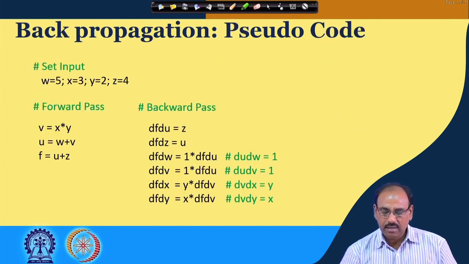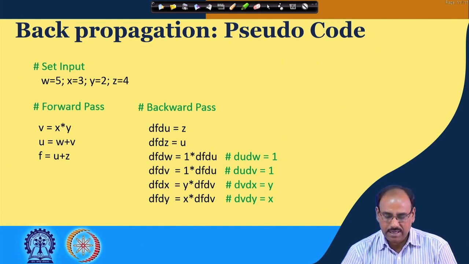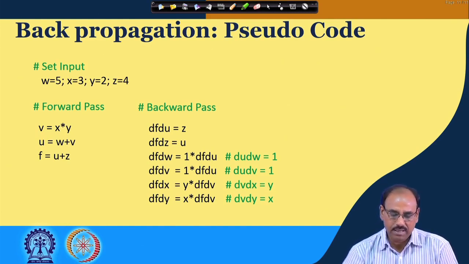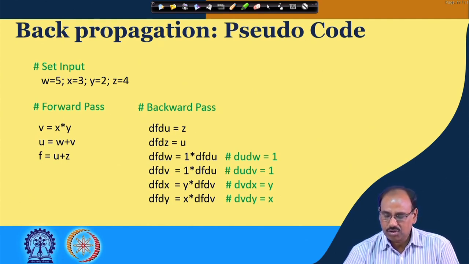In the same manner, here you find del f del u, which is nothing but z, and del f del z, which becomes equal to u, and then del f del w is nothing but del f del u into del u del w, and we have also seen that del u del w is equal to 1. So, del f del w simply becomes del f del u. In the same manner, del f del v also becomes del f del u.